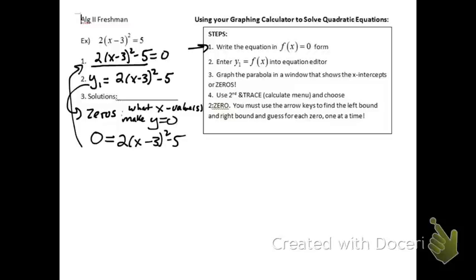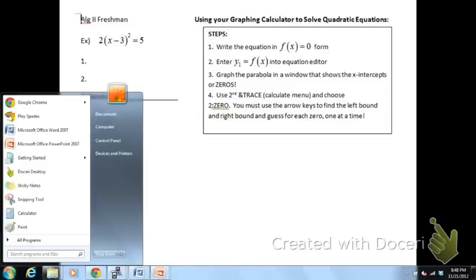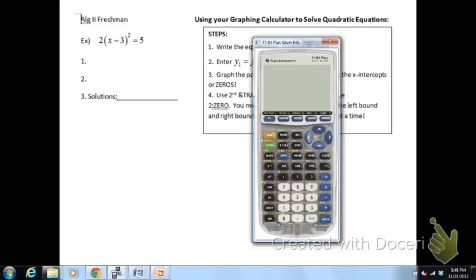I'm going to bring up a calculator now. And so what we're going to try to do right now in for y, let's type in the equation. It was 2 times (x minus 3) quantity squared subtract 5.